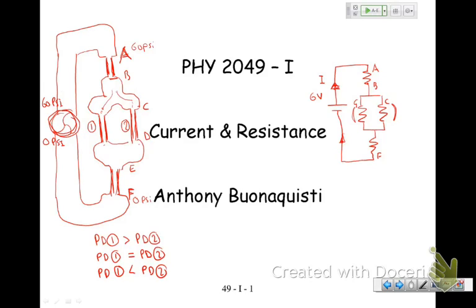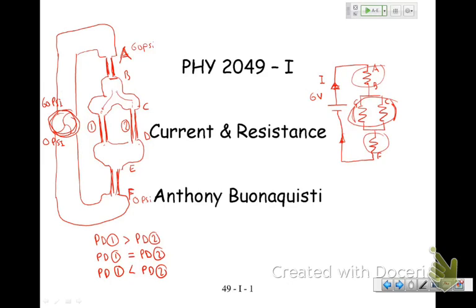What I can tell you about the middle bit here is that the total current going through both these resistors added together is the same as I. Now, I have to somehow add these two up to get I, and we'll get to that later.